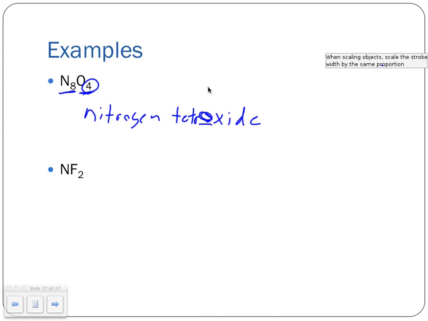So this may be the name. We got to check and see if this is ambiguous or not. So oxygen we said is -2. There are 4 of them, gives us a total of -8. That means all the nitrogens have to be +8. And so the question is, is there only one possible valence or oxidation number for nitrogen that goes into +8? Well, we said nitrogen was +1, +2, +3, +4, and +5.